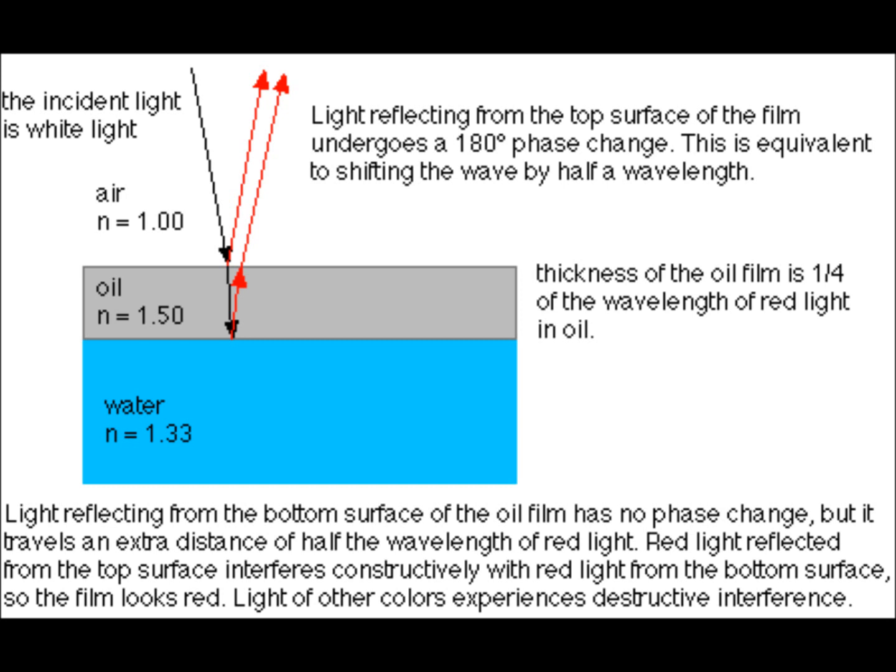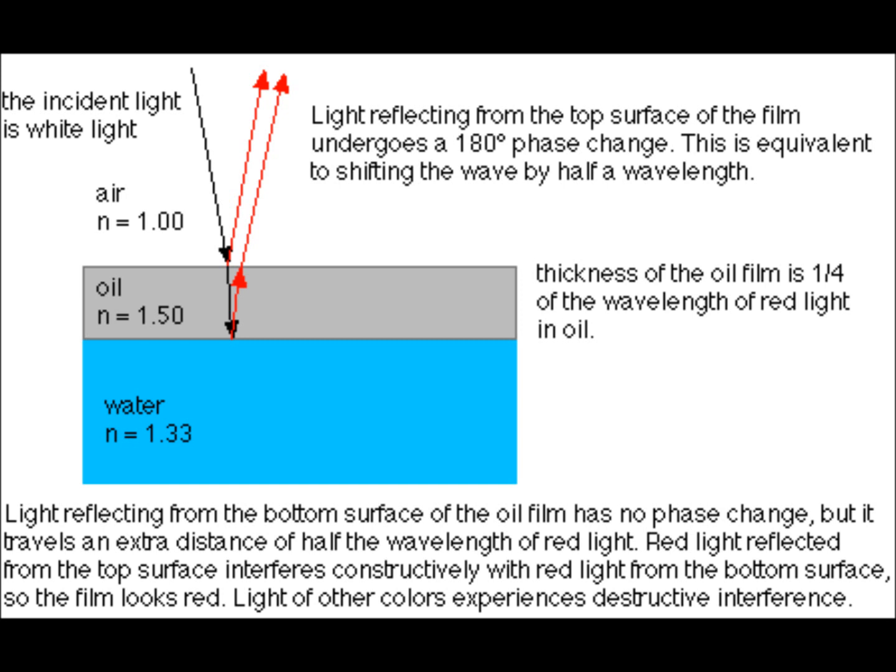Since the oil is 1/4 wavelength thick, the light that refracts into the oil layer and reflects off the oil-water boundary travels 1/2 of a wavelength more than the light that just reflected off the air-oil boundary.